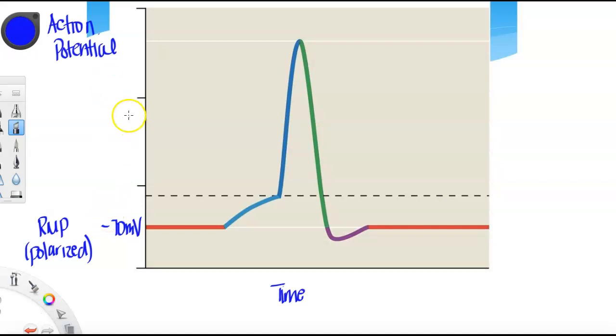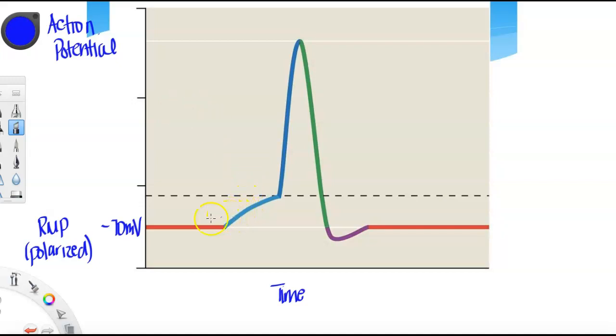Okay? So in an action potential, we're going to briefly increase the voltage on that membrane from negative 70 to some positive number and then back down, just briefly. And that's the action potential.